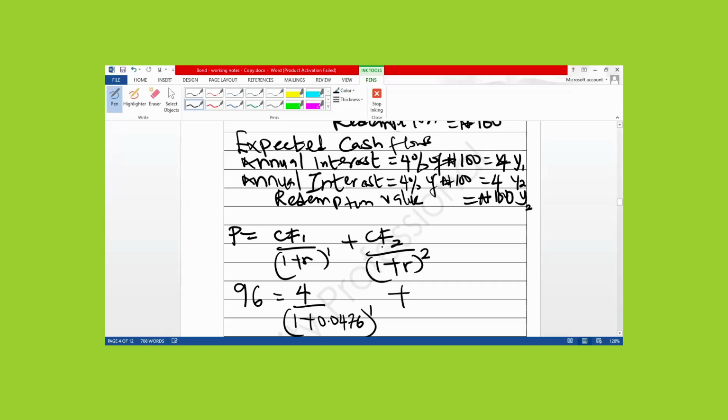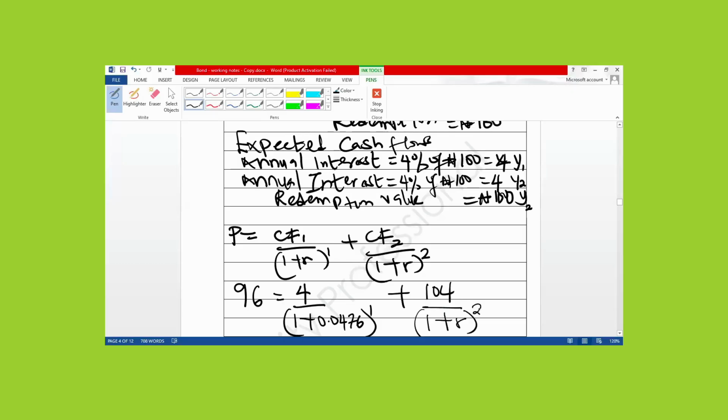Plus cash flow for year 2: annual interest plus redemption value, 4 naira plus 100 naira, 104 over 1 plus R in year 2. I don't know the R in year 2.